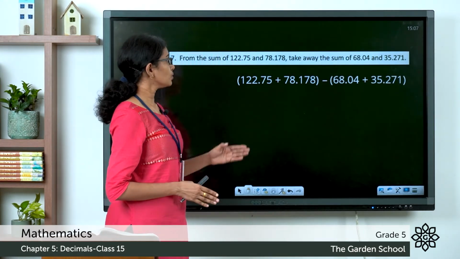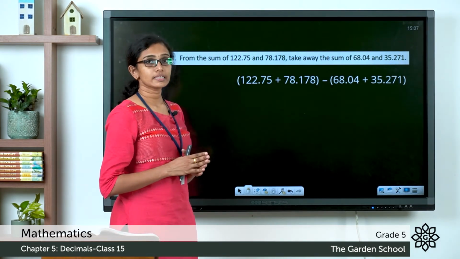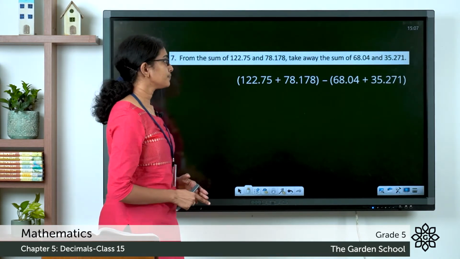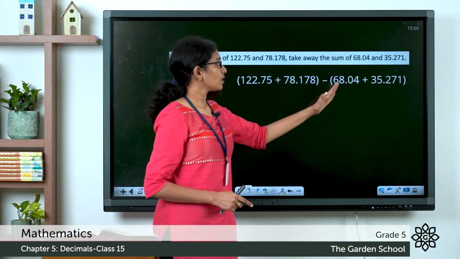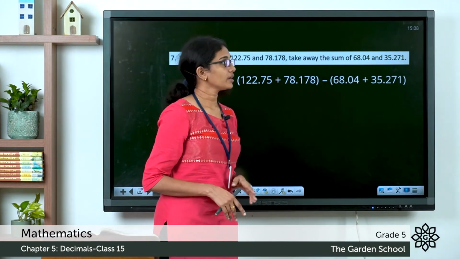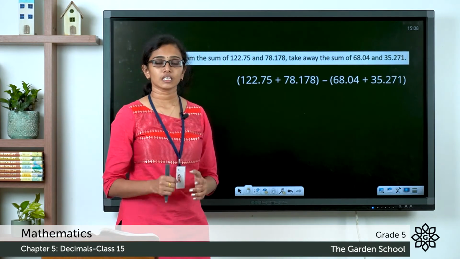So what you have to do? You have to first add 122.75 and 78.178 and then find the sum. Also find the sum of 68.04 and 35.271. Find the sum as well. Now you have to take their difference.